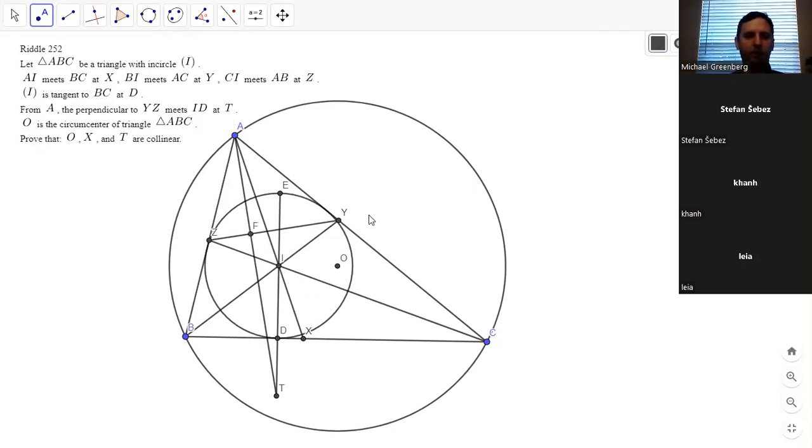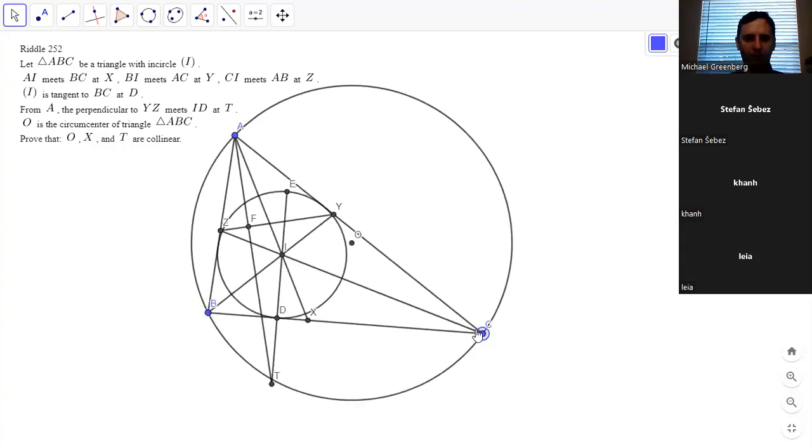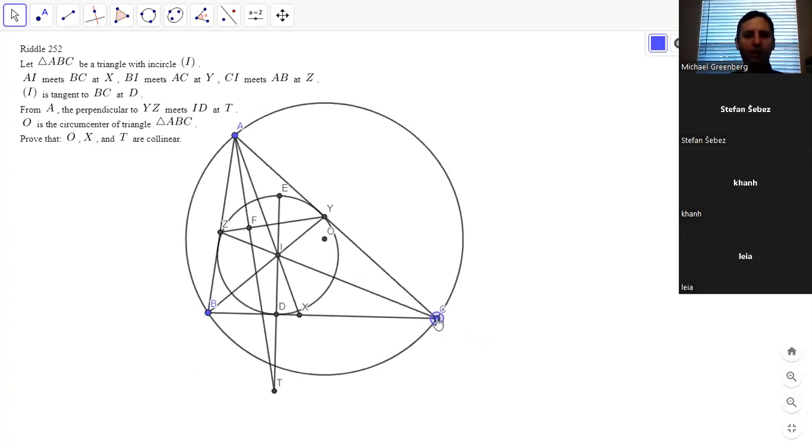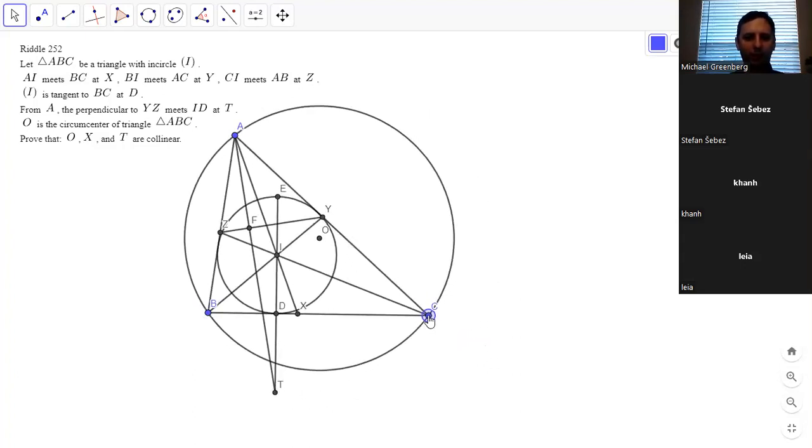So yeah, this is a right angle. Isn't there something with the excenter, I forget what the theorem is. Yeah. You take the excenter, let's call it J, then OJ is perpendicular to YZ. Okay. So that's probably helpful. So I'll draw that in.